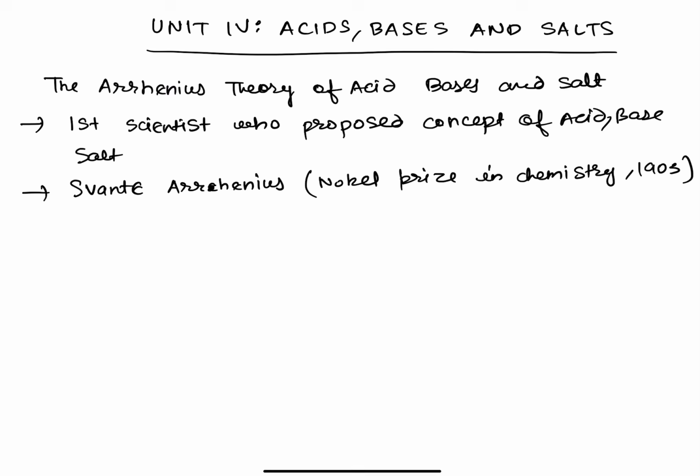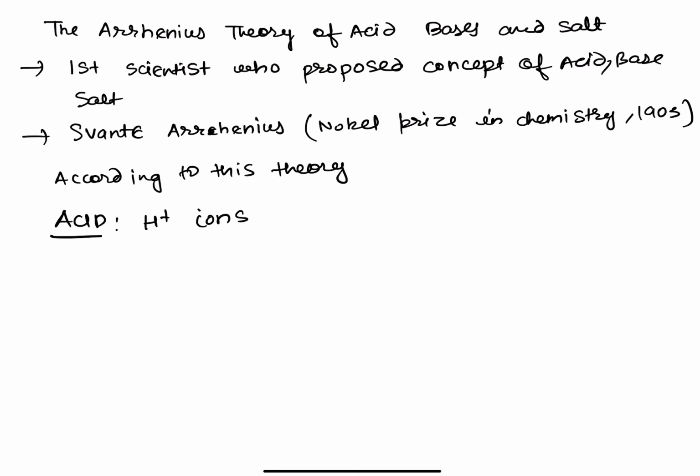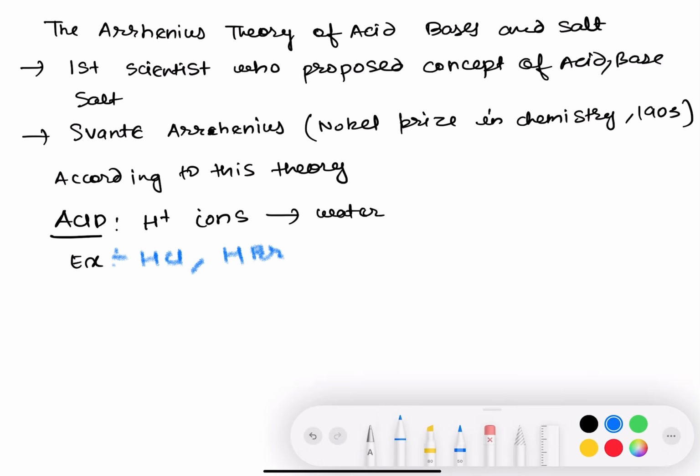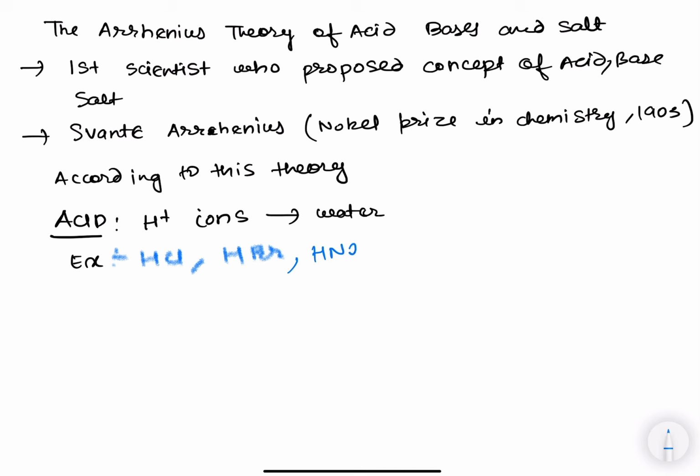So according to this theory, acids are those which release H plus ions in water. Okay, examples are HCl, HBr, HNO₃, all are acid.